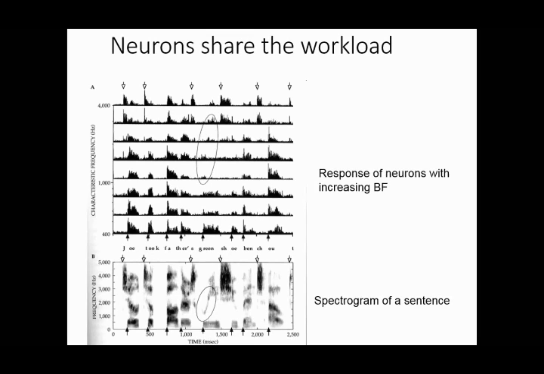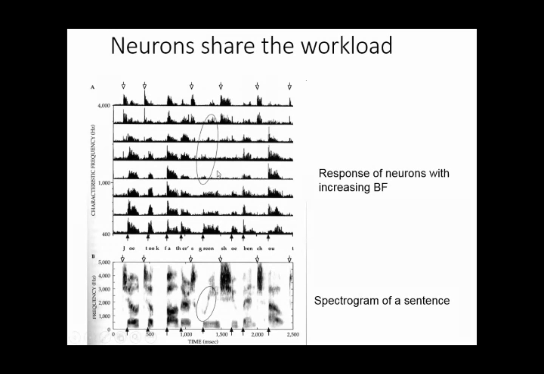But you see that these are tuned to their BFs, and they code, for example, this green, which is a diphthong. It goes up in frequency. It's nicely coded, not by one, but by all of them together. So this is this population coding. You need to integrate over various frequencies and over various time to make sense of these.